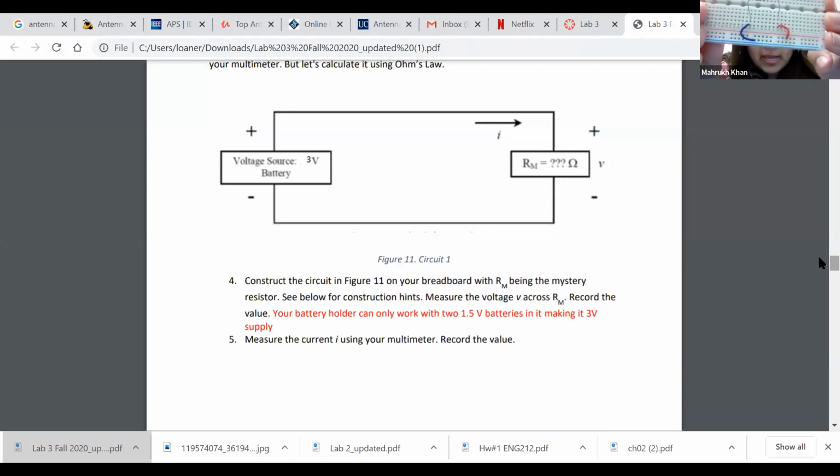So am I clear about that? Can anybody show their circuit if they are doing it with me? Am I clear?